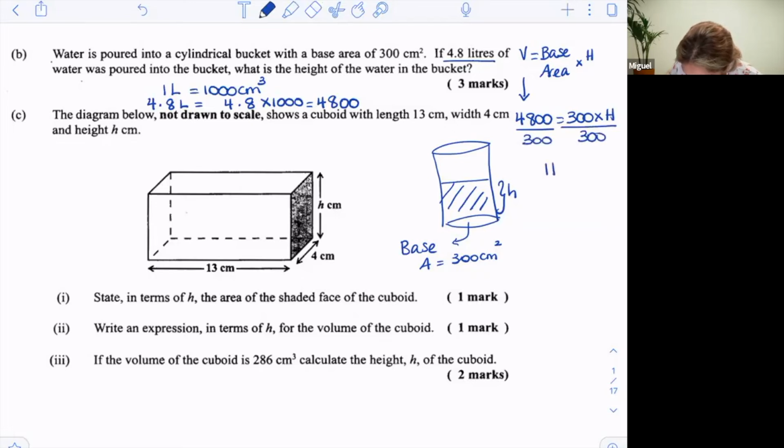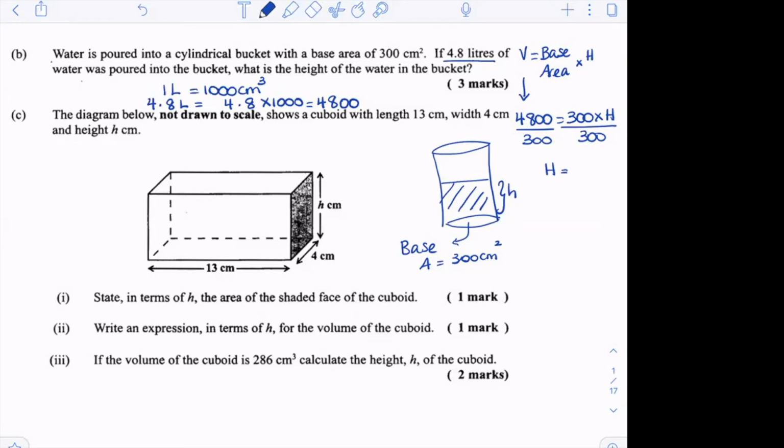So find the height for me. 4,800 divided by 300, and put your answer in centimeters.